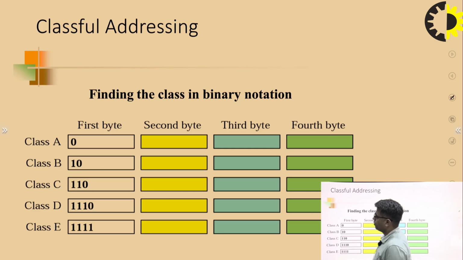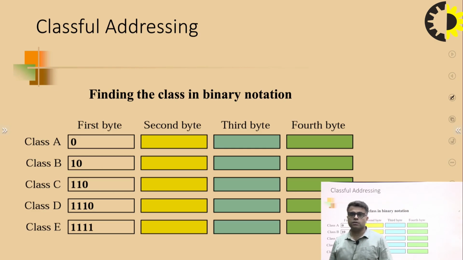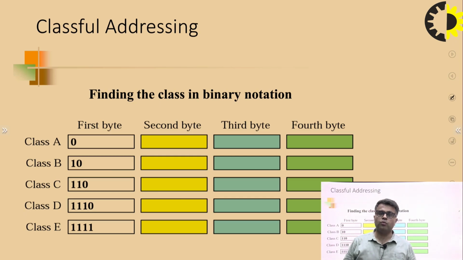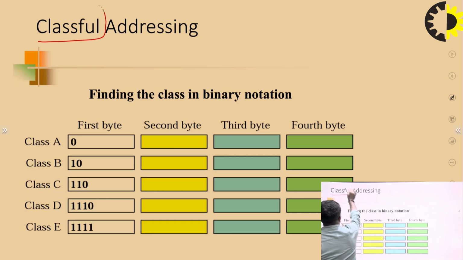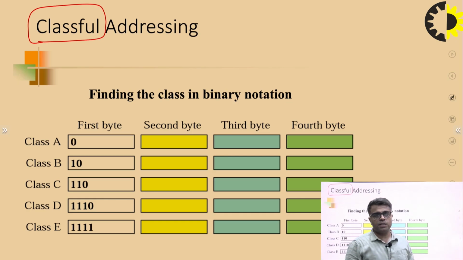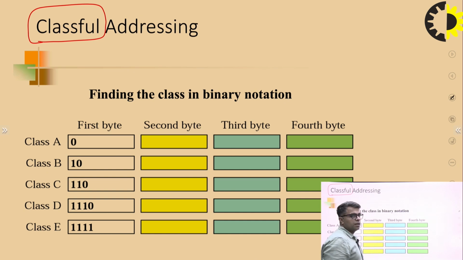Now, by looking at an IP address, we can very easily tell which class this IP address belongs to. That means there can be classful addressing. Classful addressing means all the IP addresses are subcategorized into different ranges depending on the first byte of the IP address.